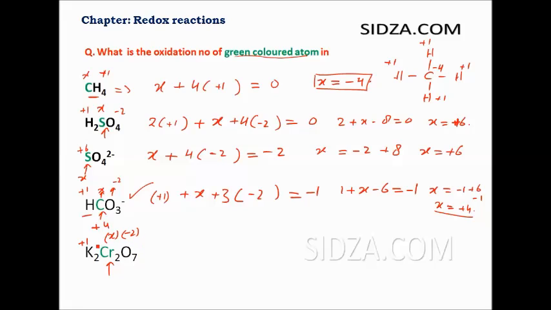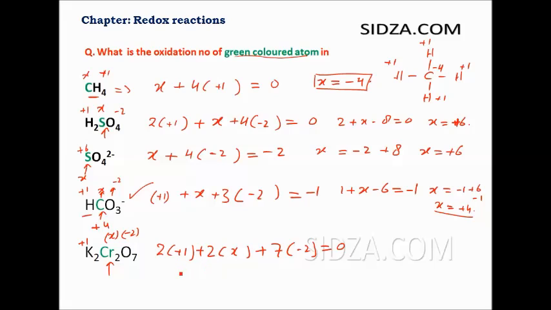Now let's find the total oxidation state. Okay, we have potassium 2, and the oxidation state of the one potassium is plus 1, plus we have 2 chromium atoms, 2 into the oxidation state of the chromium, let's say X. We have 7 oxygen atoms, and the oxidation state of the one oxygen is minus 2. The total charge on the molecule is 0 because the molecule is neutral.